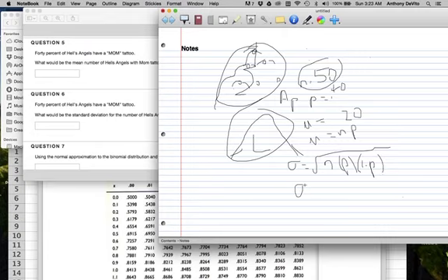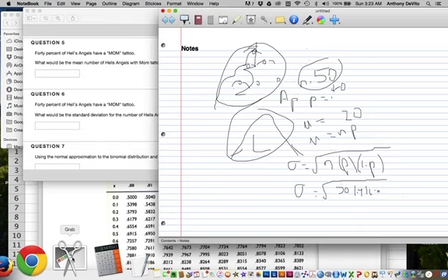So the standard deviation in this case is going to be equal to the square root of 50 times 0.4 times 0.6.